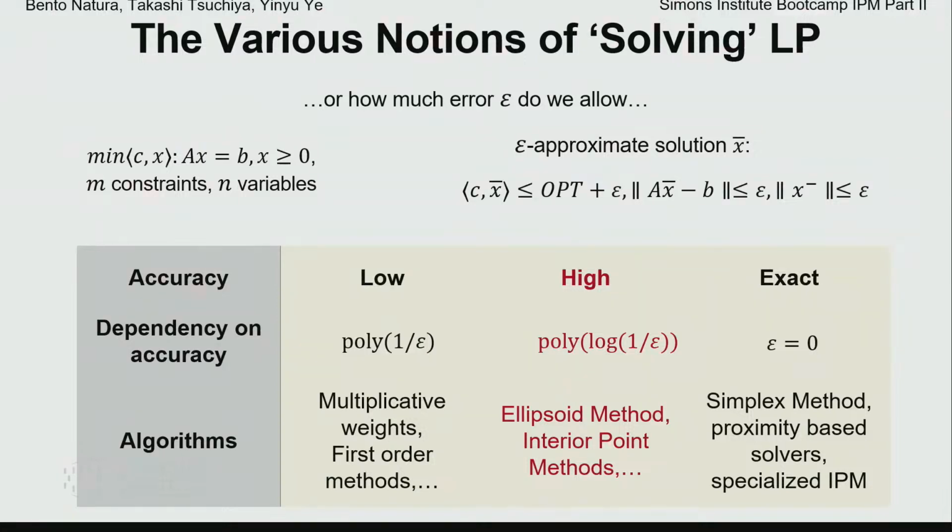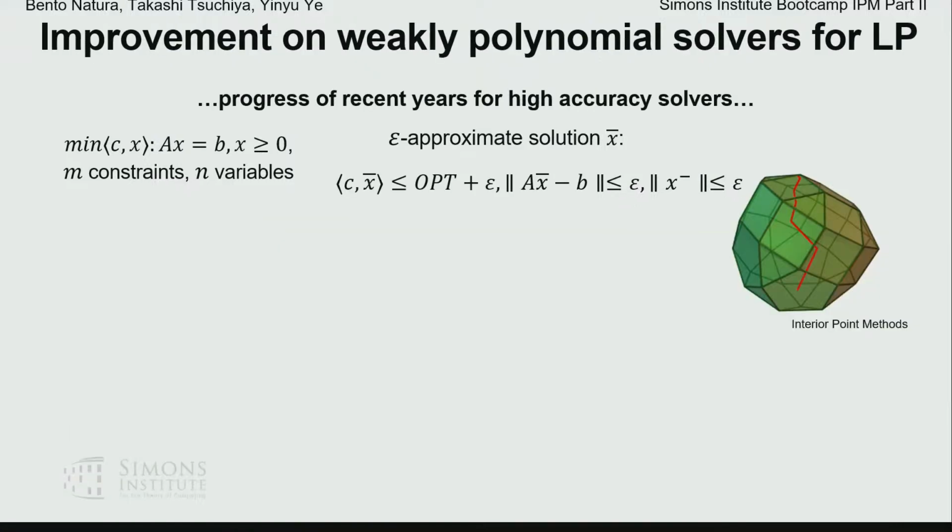I'm going to emphasize the high-accuracy and exact algorithms, because this is where strongly polynomial time algorithms play an important role. It's like those in combinatorial optimization, where your object is in the combinatorial sense, either yes or no, whatever you need to answer.